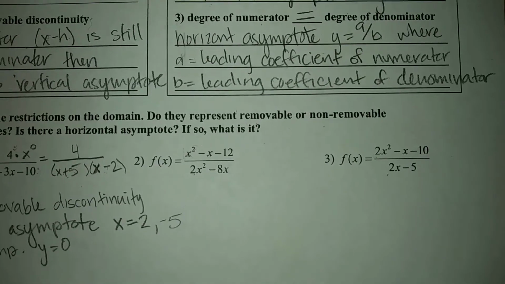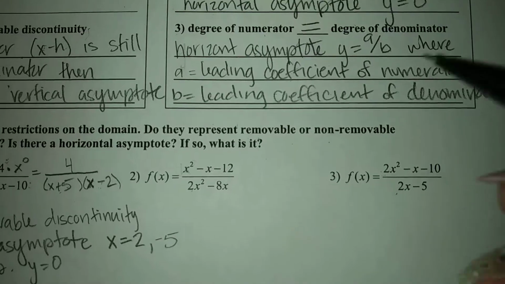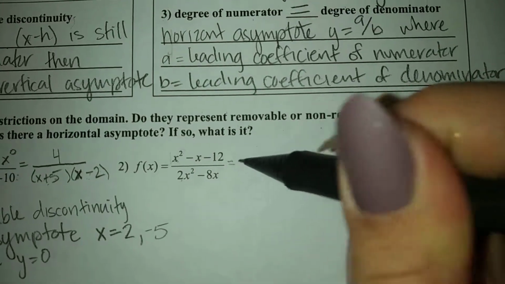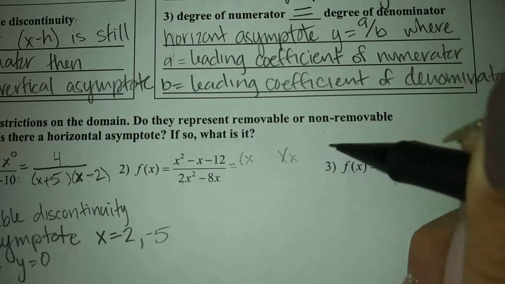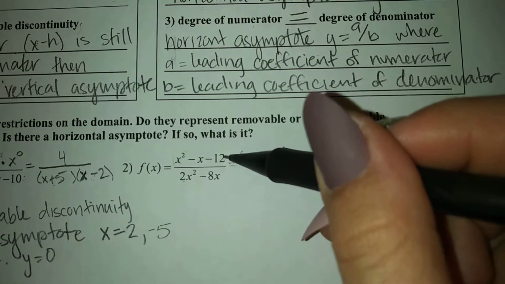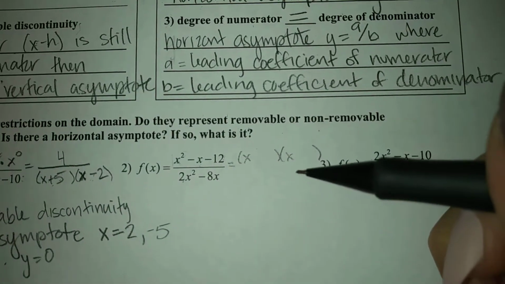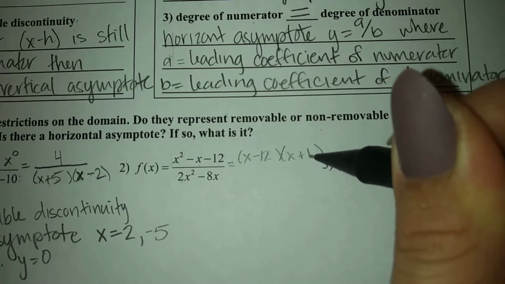Now, number 2, non-removable or removable. Let's factor it out. So here we'll have x's. I know that the factors of -12 need to get me -1. So I will say -12 and +1.